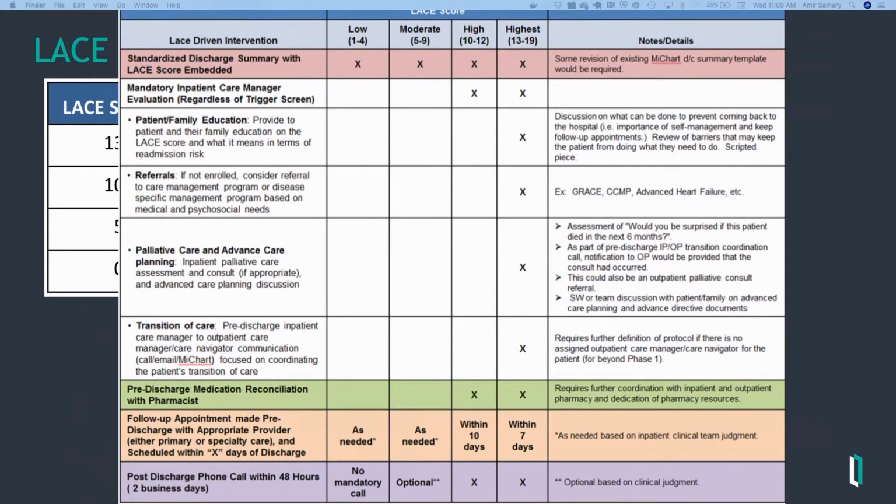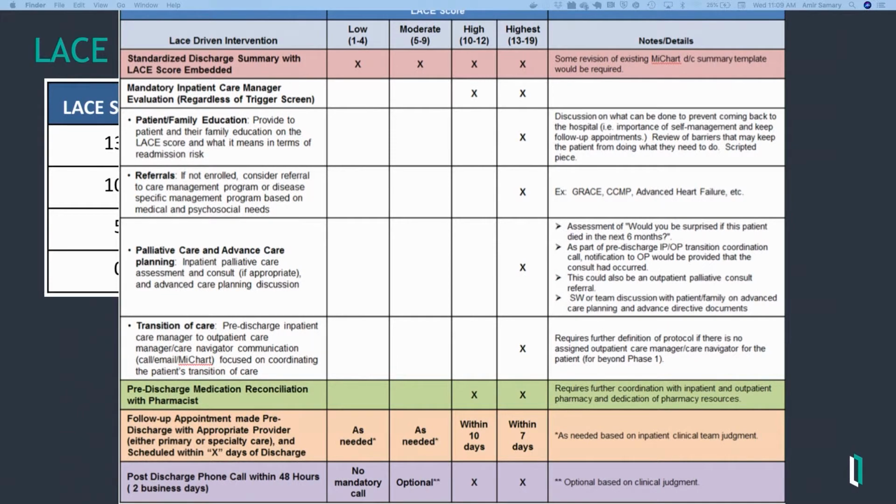Another very important thing is to recognize what you can do with it. So this is an example, a hospital. I should have put in the source because this is not my invention. It's actually one of the hospitals that developed the program using the LACE score, identifying patients that are high or highest, above 10 or 13, and incorporating patient education and also discharge medication reconciliation.